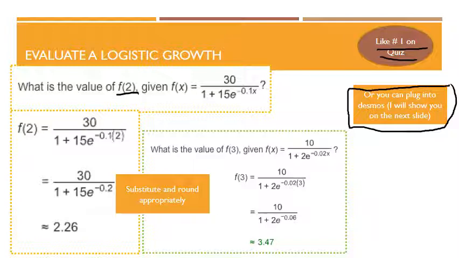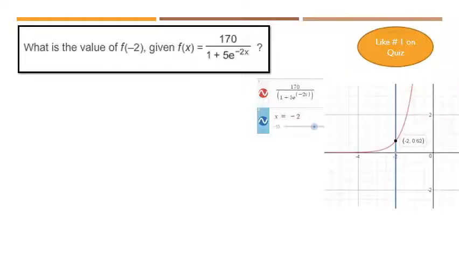Okay, let me show you what it looks like in Desmos. Let's say you wanted to find f of negative 2. You would plug your formula into the first input, and then x equals negative 2 into the next one. Then find the point where they intersect, and your answer would be right here.